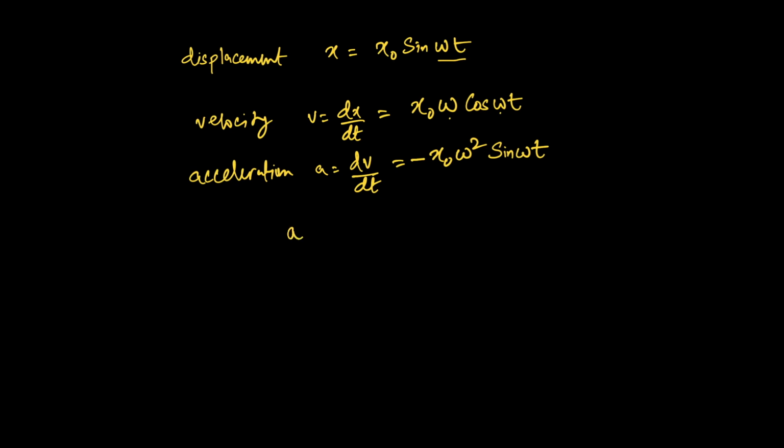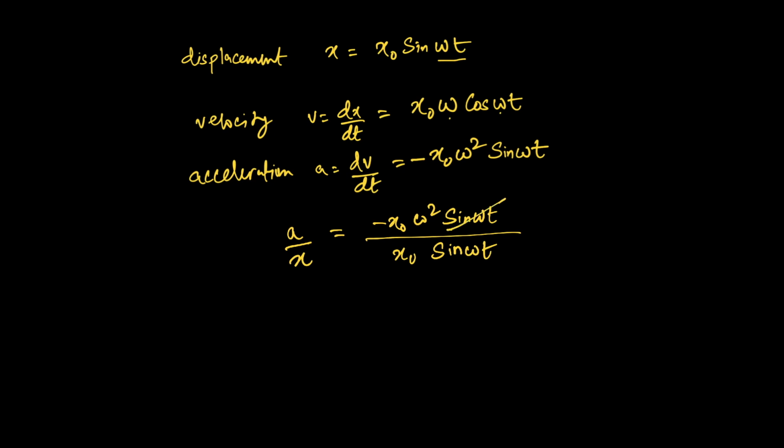Let's take a and divide it by x. Acceleration divided by x. What happens right there? You've got the equation in front of you, right? It's negative x naught omega squared sine omega t divided by x naught sine omega t.